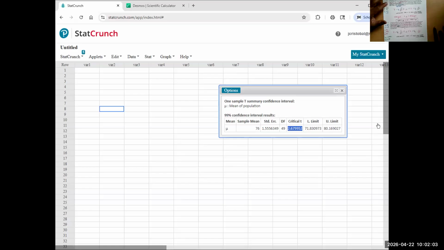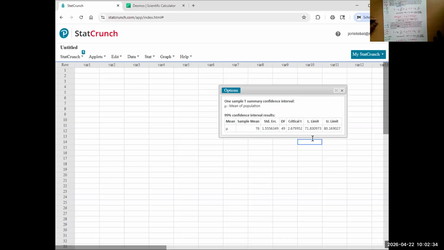Okay. But on StatCrunch, thankfully, inputting that information, for our lower limit we're getting 71.830973. Upper limit, upper bound, 80.1690269027.